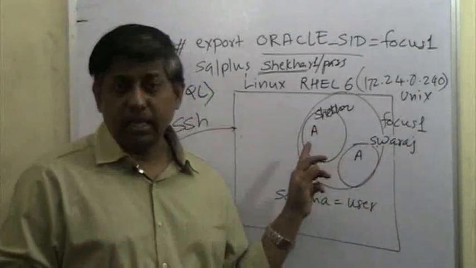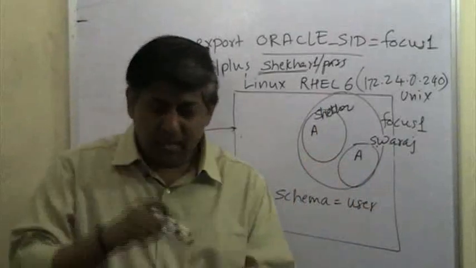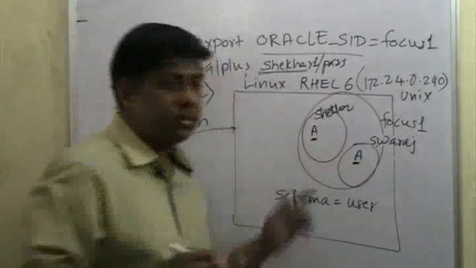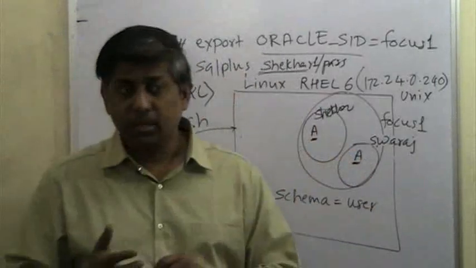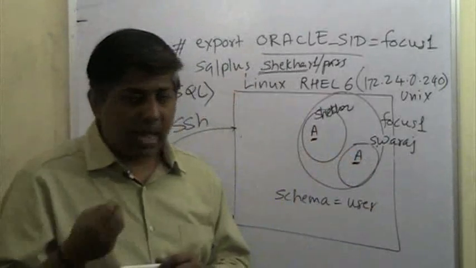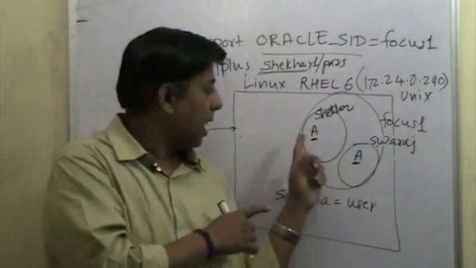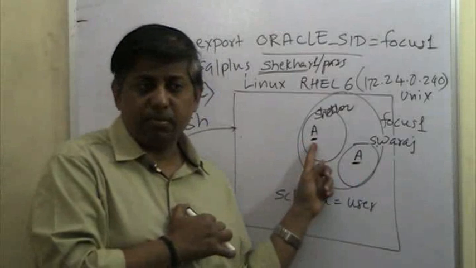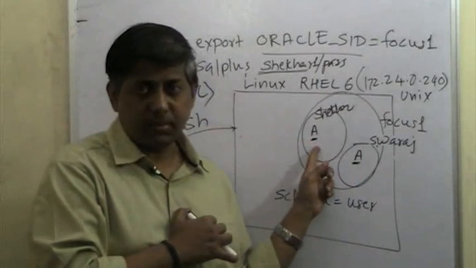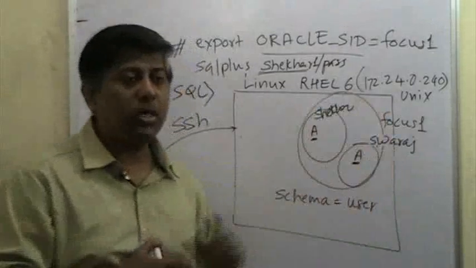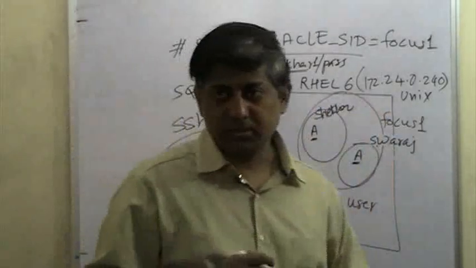Even if you create a table with the same name, everything the same, it is still a different table. Now when you say select star from A, you are going to see your own data. If I log in and say select star from table A, I will see my data. This is how the schemas are separated from each other, but they are all inside one database.